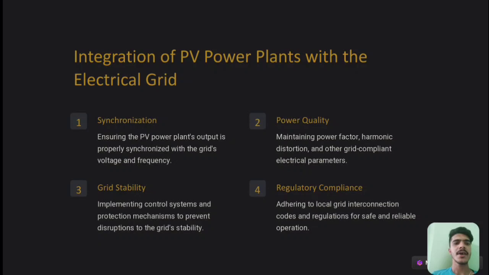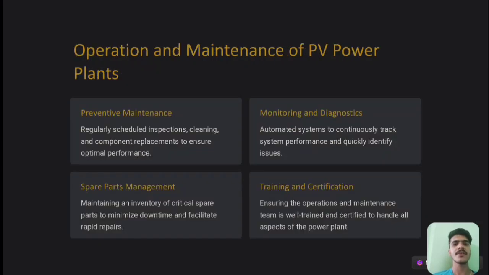Power quality: maintaining the power factor, harmonic distortion and other grid-compliant electrical parameters. Grid stability: implementing control systems and protection mechanisms to prevent disturbance to the grid stability. Regulatory compliance: adhering to local grid interconnection codes and regulations for safe, reliable operation.